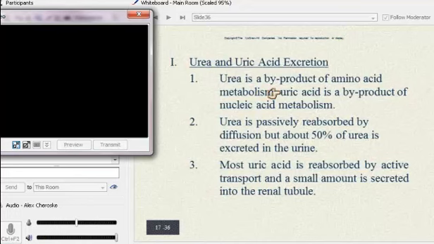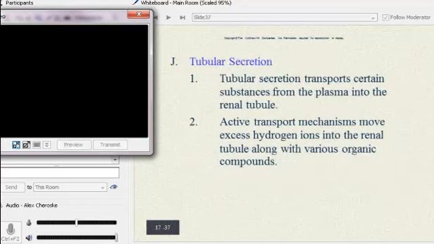That's an efficient enough system that we're willing to make that sacrifice, if you will. So anyway, the point here is that these are two of the waste products that we're looking to get rid of inside of the urine. It's urea and uric acid.